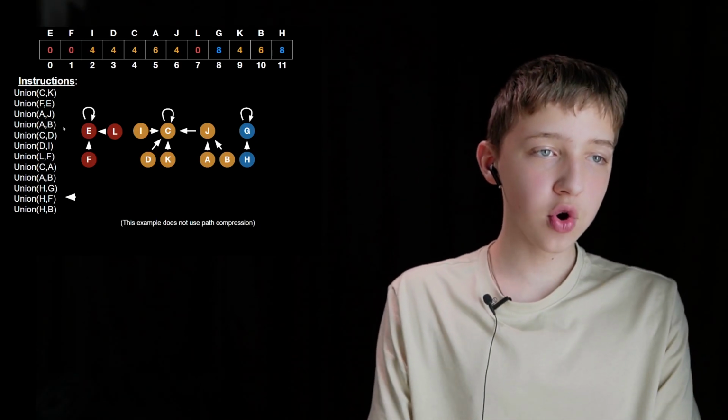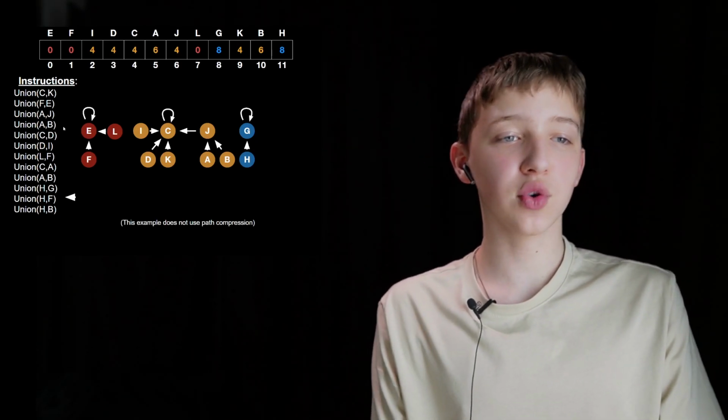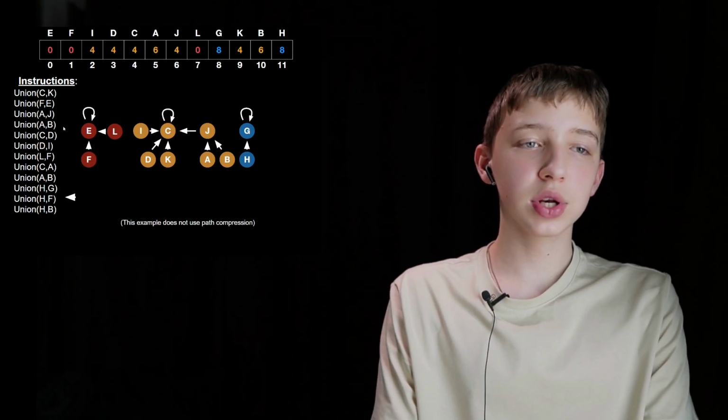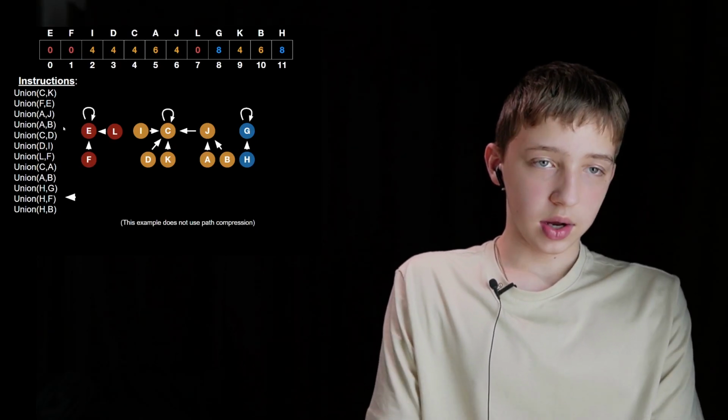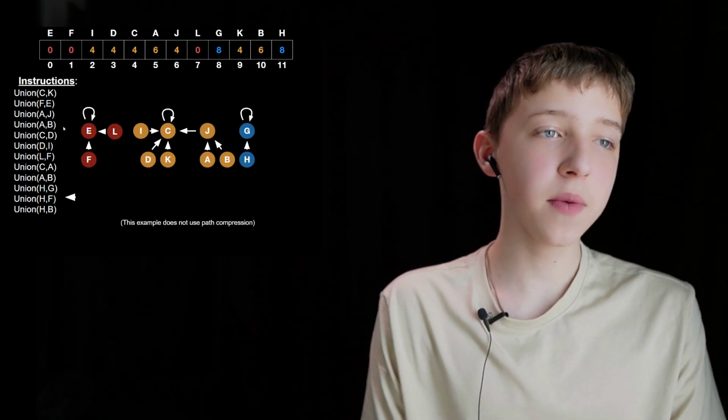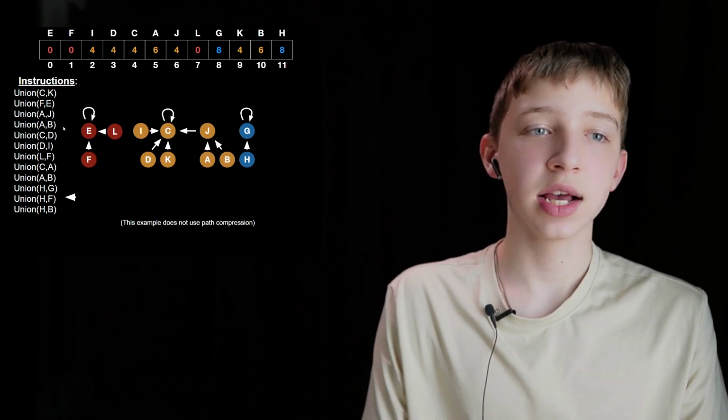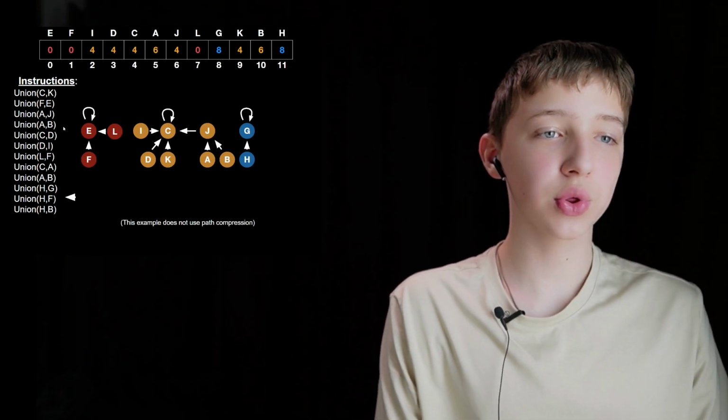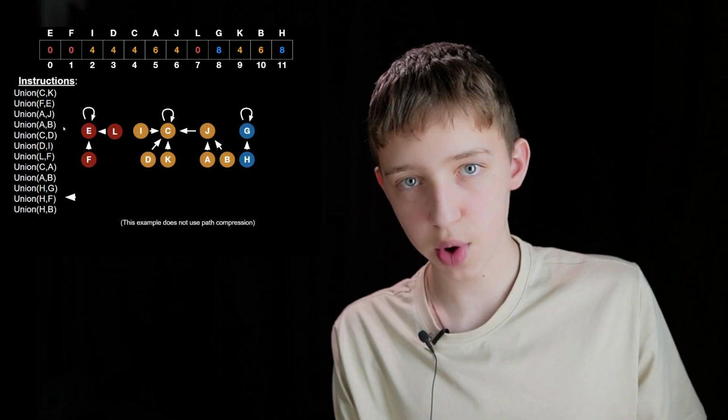And E is in the red group, so we want to combine the blue and red groups, and we want to combine them into the group that is larger. Here, the red group has 3 components, so we're going to merge the blue group into the red group.